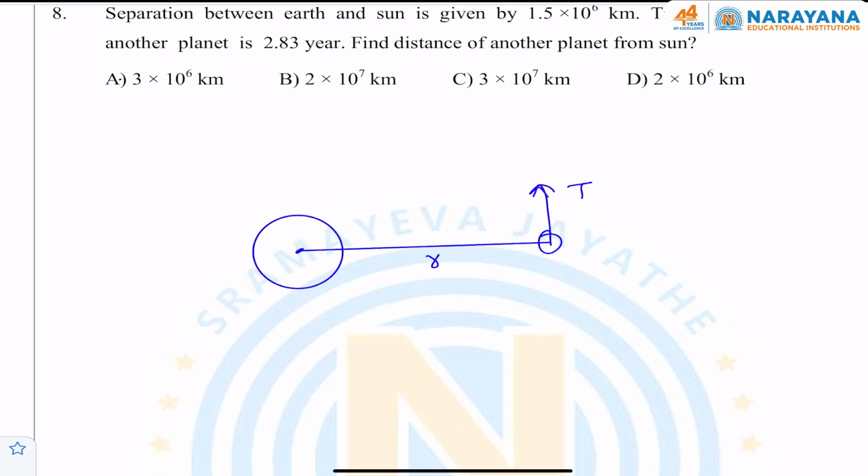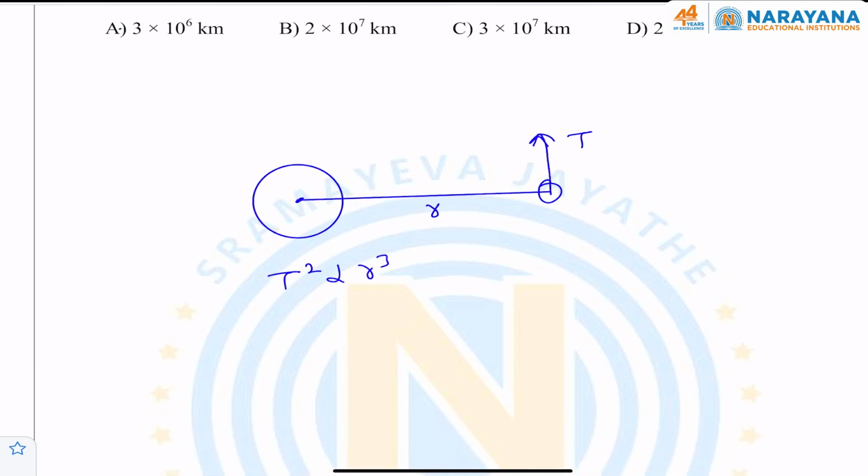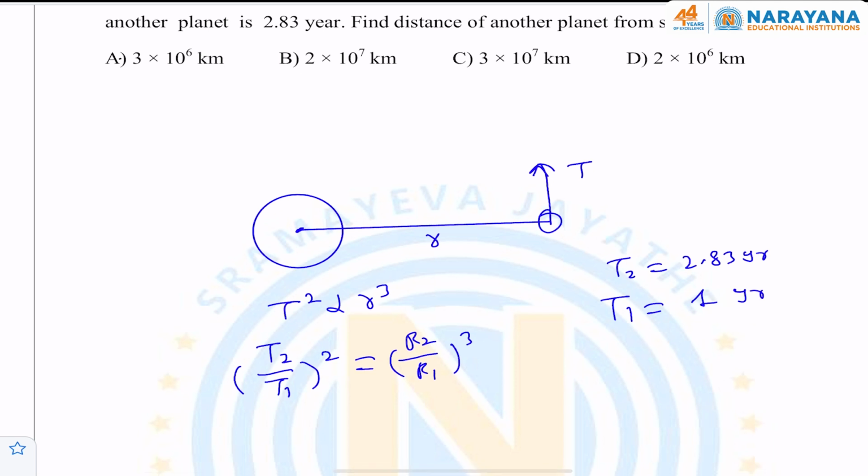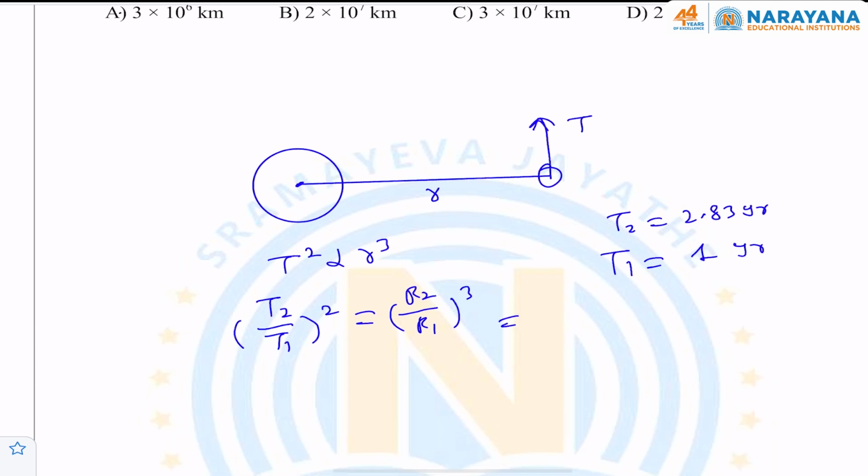According to Kepler's laws, we can write T square proportional to r cube. T2 by T1 whole square can be written as R2 by R1 whole cube. Here it is given T2 as 2.83 years, and we know that time period of Earth around the Sun is 1 year.